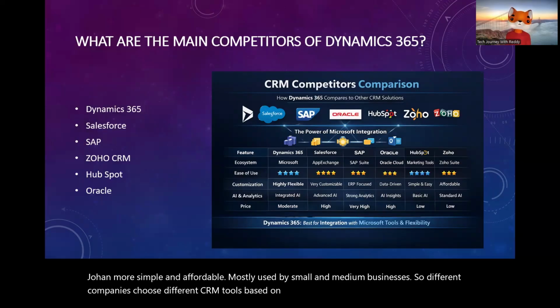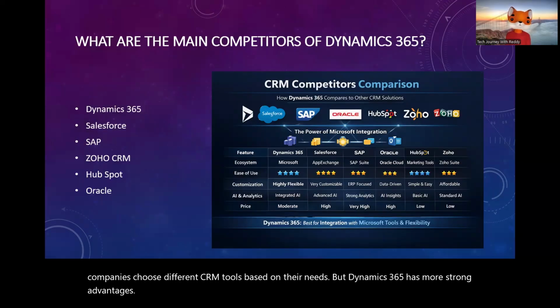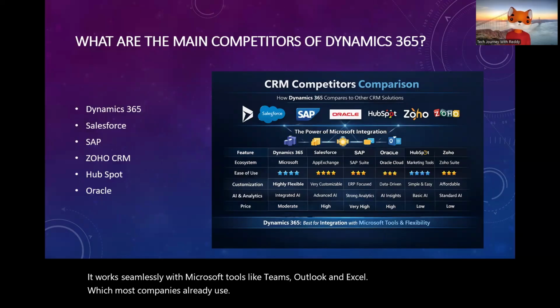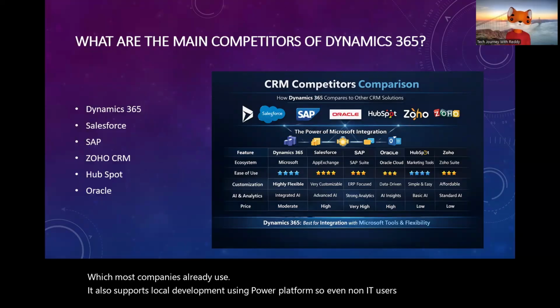But Dynamics 365 has stronger advantages. It works seamlessly with Microsoft tools like Teams, Outlook, and Excel, which most companies already use. It also supports low-code development using Power Platform, so even non-IT users can build apps and automate work.